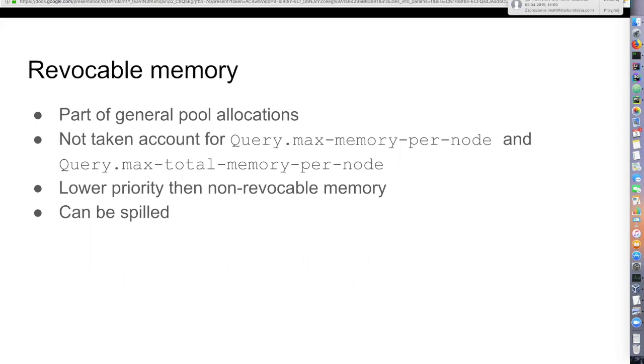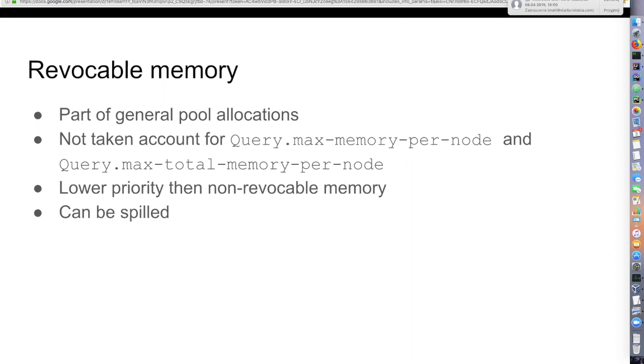So with spill came another concept, which is revocable memory. Previously you had system and user allocations, and now you also have revocable memory allocations. Those allocations take a chunk of the general pool, and they are not taken into account for the query limits.